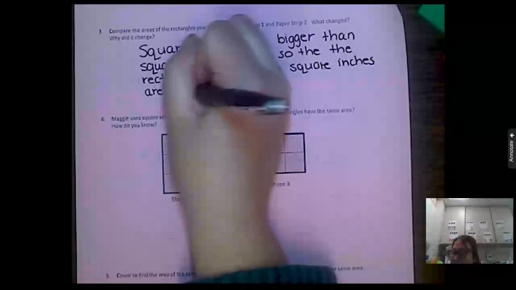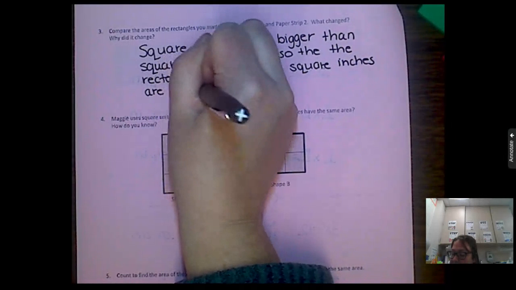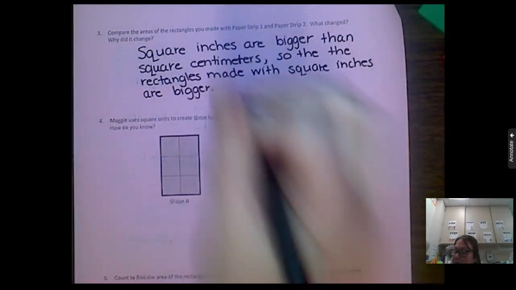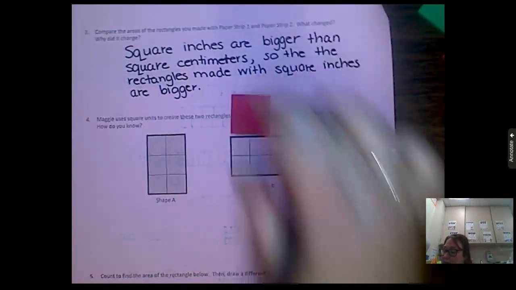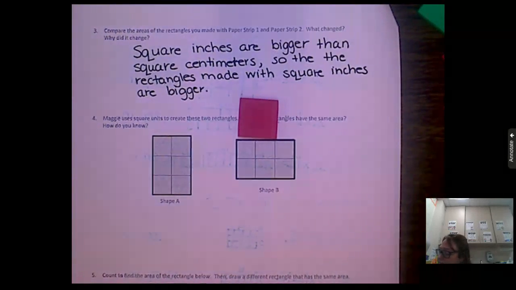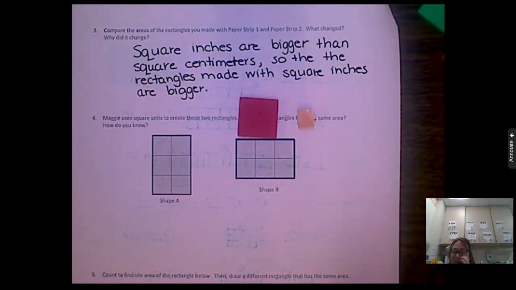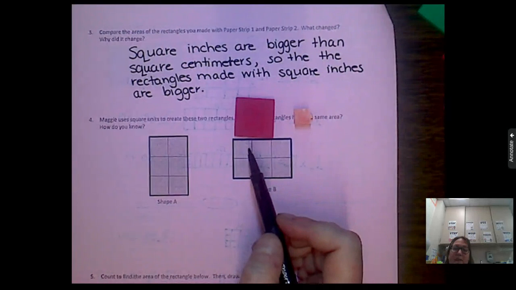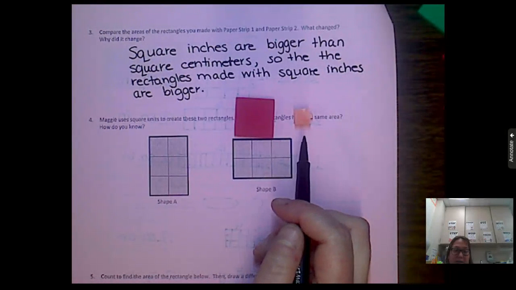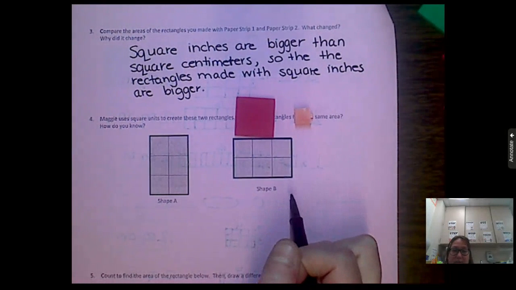That's exactly what we said on the other side. And we can easily see that, right? There's our square inch tiles, and there's our square centimeter tiles. So if it's made with square inches, it's definitely going to be bigger than any rectangles that are made with square centimeters. Okay.